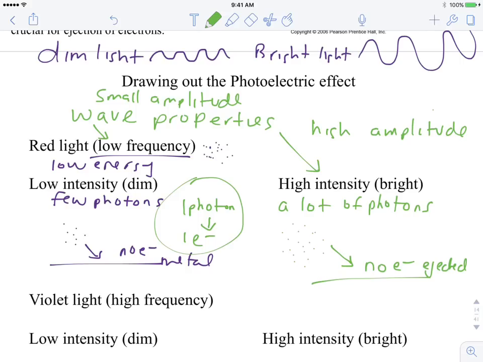So if it was the wave properties of the light, then the amplitude would be very important, and you would expect to see that high intensity light, high amplitude light, would in fact give you electrons being ejected, but we do not see that. It doesn't matter the intensity of the light, because light's behaving as a particle, and each one of them, since it's one photon for one electron, does not have enough energy to eject an electron.